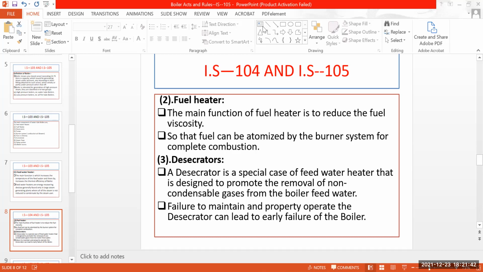Okay, viscosity. As Ramesh said, it measures the resistance as well as the flow and everything.